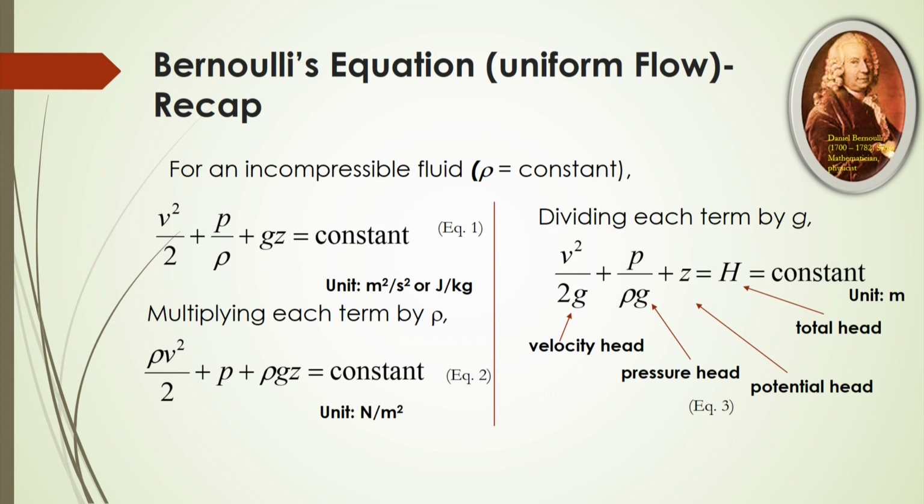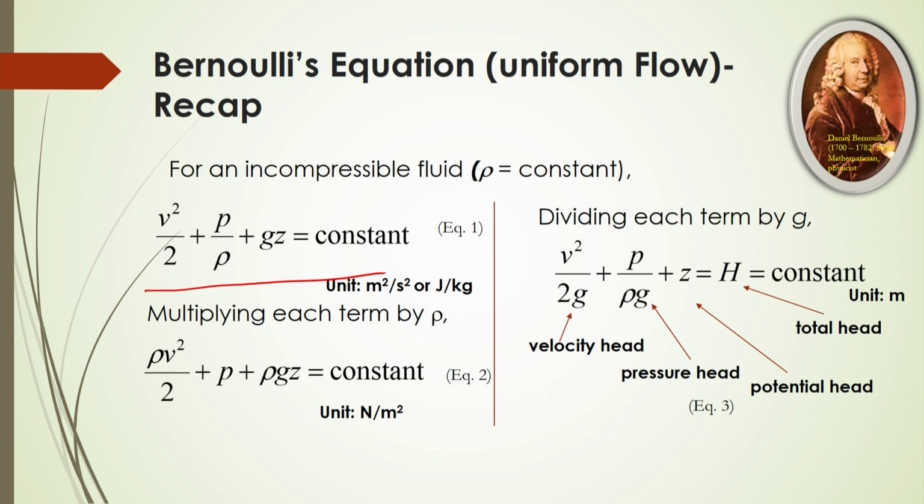Let us have an idea again of the Bernoulli's equation for an incompressible fluid. We know that for uniform flow the density is constant, and based on that, in Bernoulli's equation the summation of the energy will be constant.